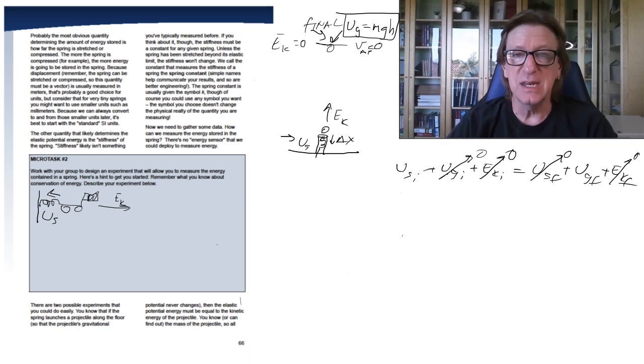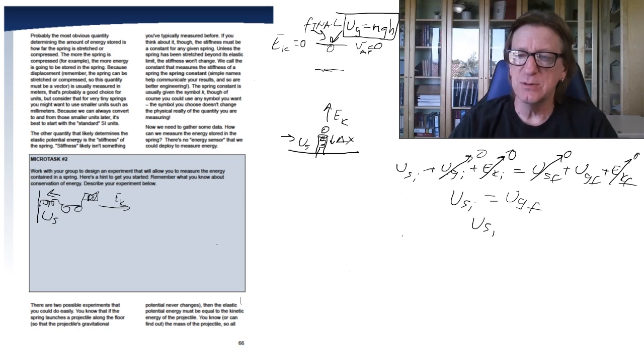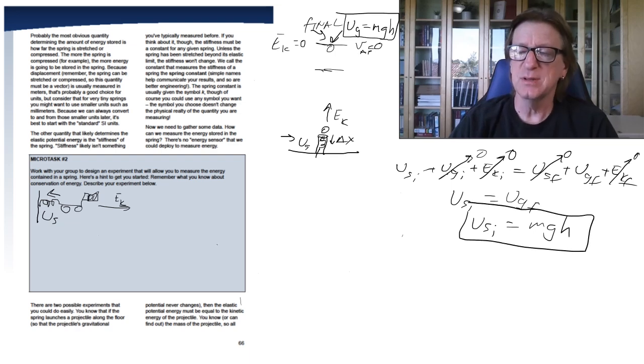Now, if I had chosen anywhere in the middle, I would have both U_GF and E_KF, and so I'd need a velocity, or to measure the height, or both, in order to do this. So here I'm left with my spring energy equal to U_GF, which we can now say is equal to mgh.